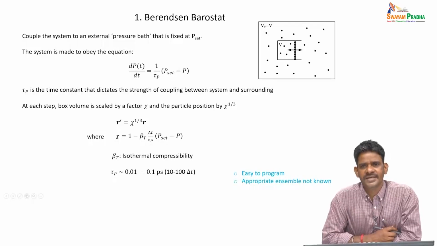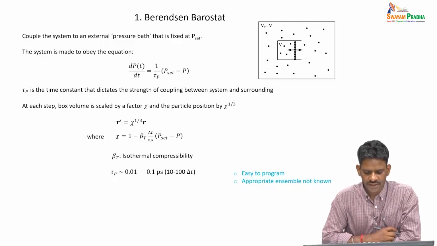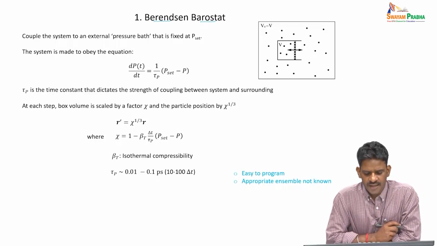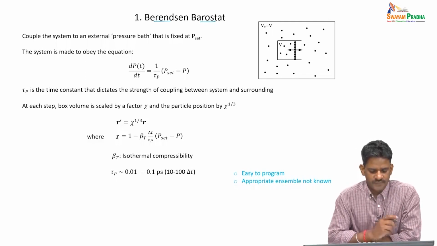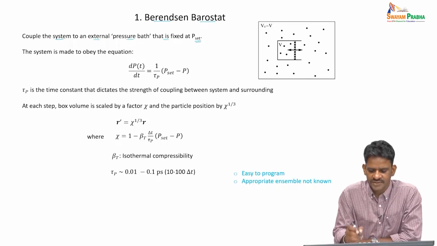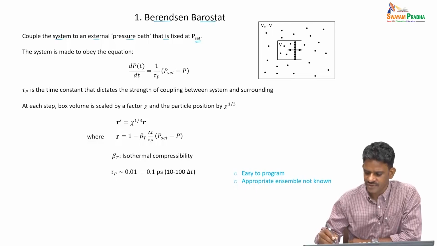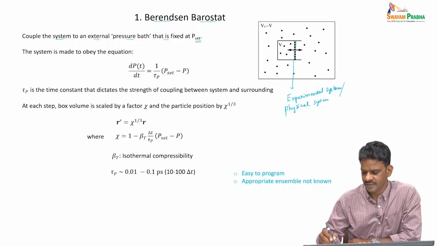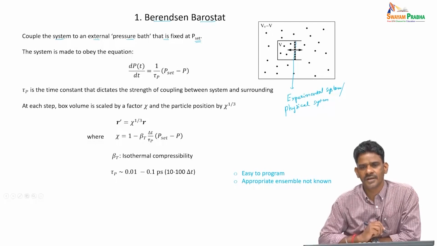The easiest way to fix the pressure in the MD simulation is the Berendsen barostat. It works in a very similar way as the Berendsen thermostat, where we couple the system to an external pressure bath which is kept at some pressure P set. So you can imagine that this is basically your experimental or physical system, which has a movable piston here, and it is surrounded by a pressure bath.